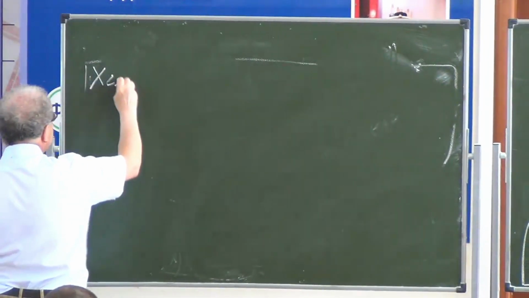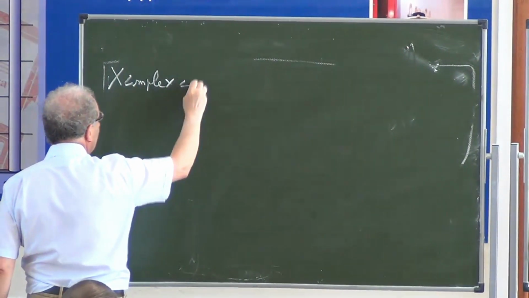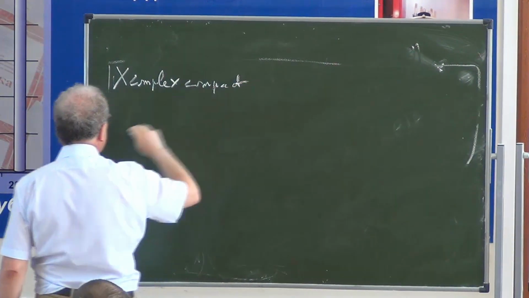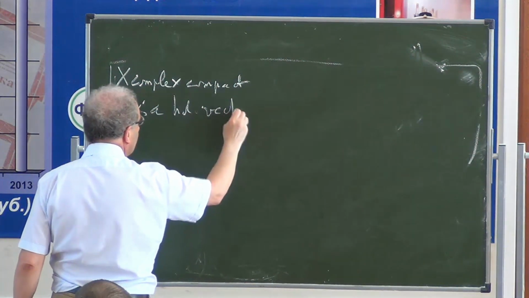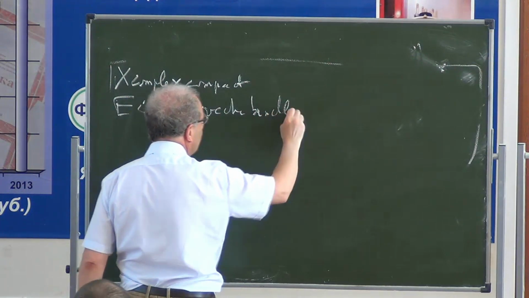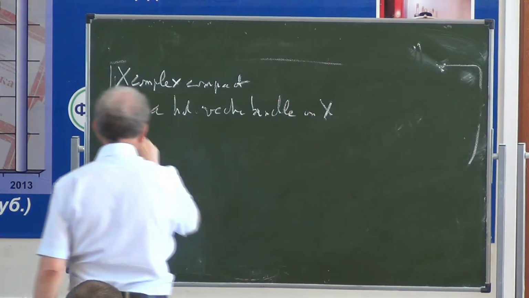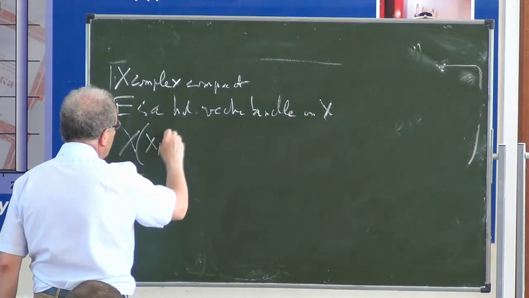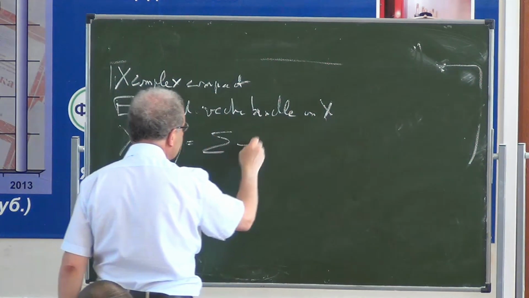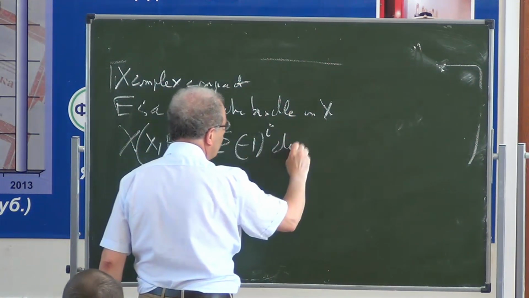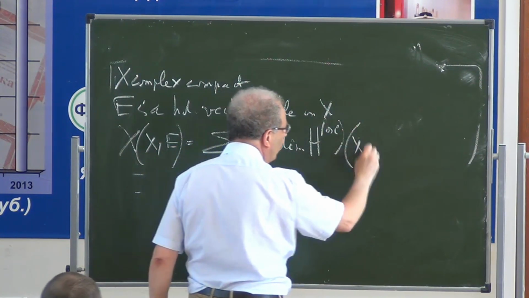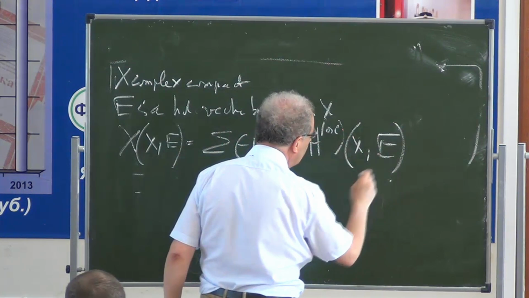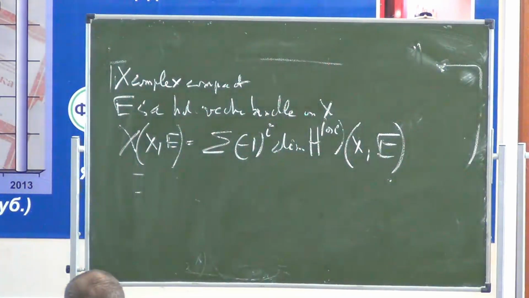So if X is compact, and if E is a holomorphic vector bundle on X, you can define its Euler characteristic with coefficients in E, which is the alternate sum of the dimension of the cohomology groups, let's say of the sheaf theoretic cohomology groups or the Dolbeault cohomology groups.